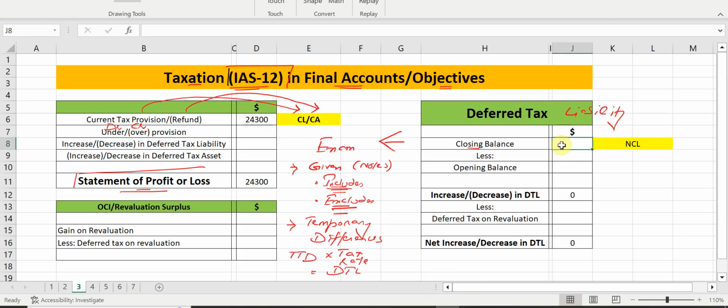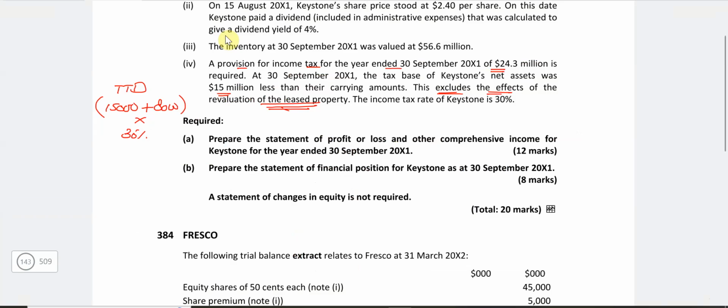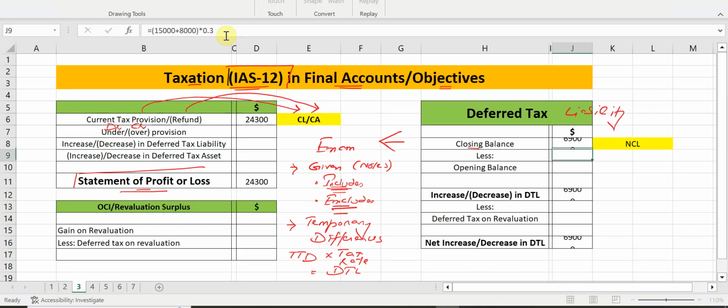So the closing balance: 15,000 is the taxable temporary difference. Add the 8,000 in it, which is the gain on the revaluation, and then you multiply it by the tax rate. So the tax rate is 0.3, 30%. Let's just confirm it. Yes, the tax rate in this question is 30%. So yes, 6,900 is the closing balance of the deferred tax liability.